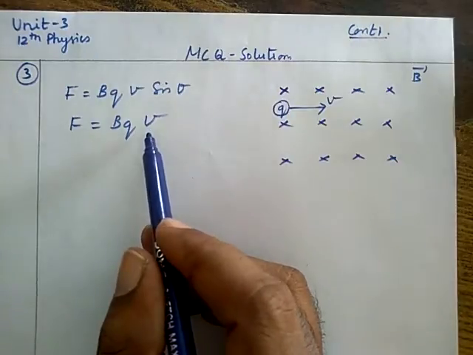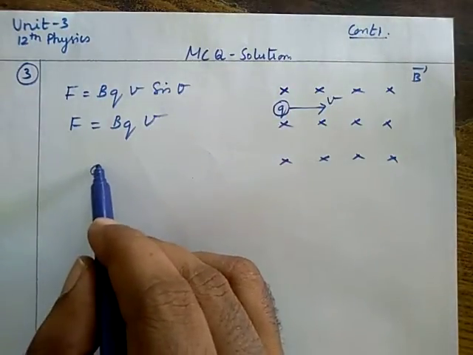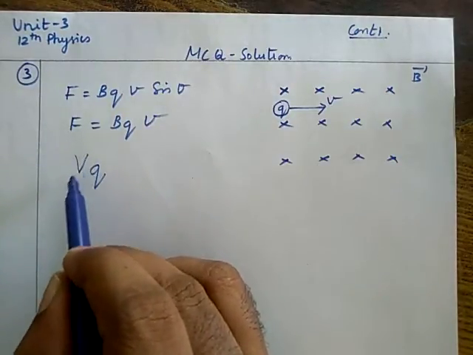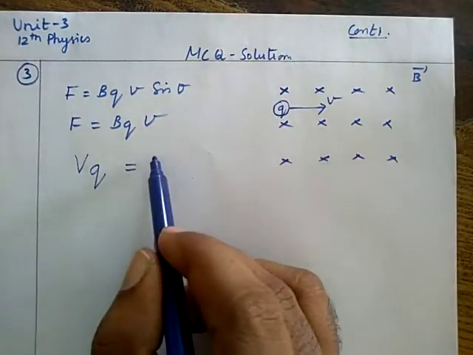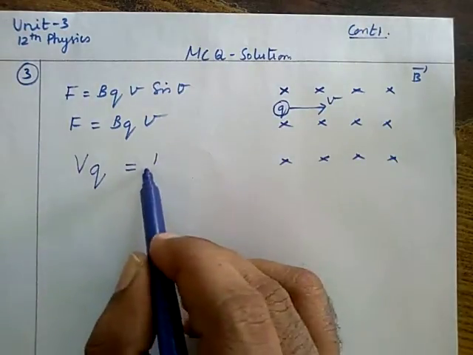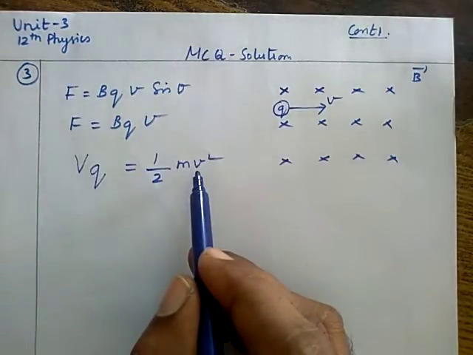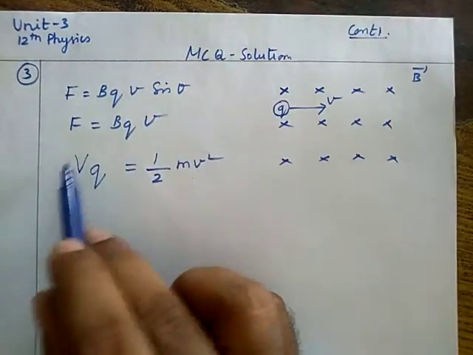We need the velocity. Here one more piece of information is given. The charge q is accelerated by the potential V. After applying the potential V, it will move. Then the kinetic energy of the charged particle is half m v square. We can find the velocity by using this relation.